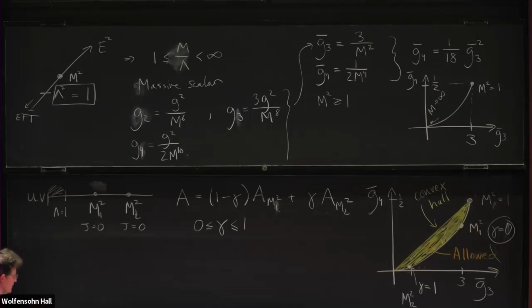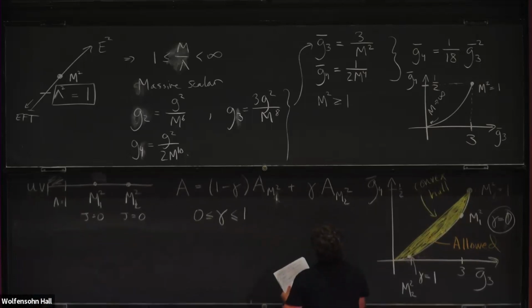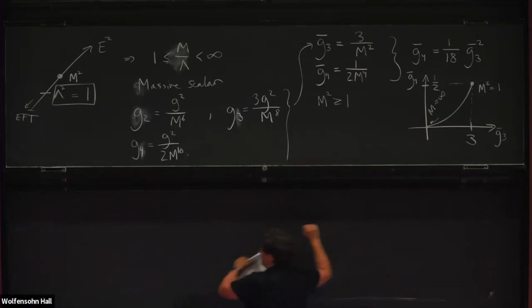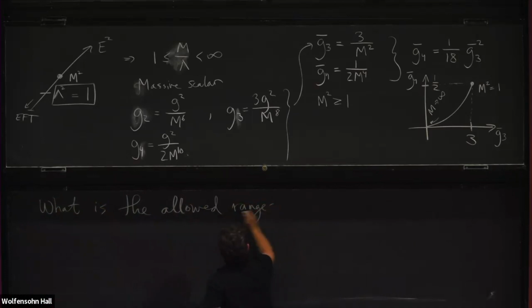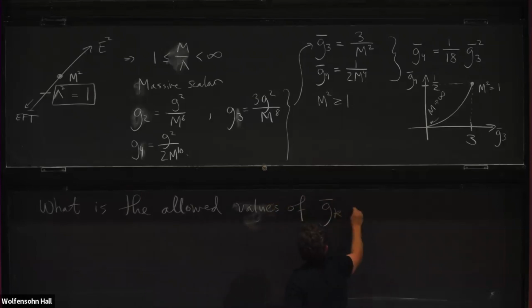Okay. Now what we're after here is to understand, in much stronger generality, what kind of bounds one is allowed to get. And so we will ask questions such as, what are the allowed ranges, the allowed values of these GKs, or g-bars of each of the GKs.